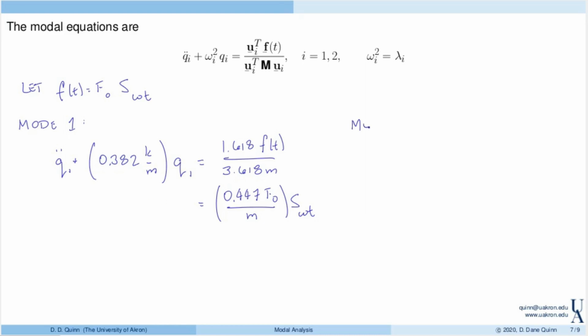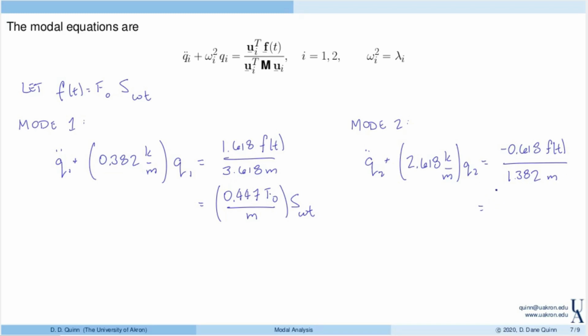And now I can look at mode 2. And we have Q2 double dot. The modal frequency now is 2.618 K over M. Well, the actual modal frequency is the square root of this. And then working out this forcing, we now get minus 0.618 times f of t, and then 1.382 times m.